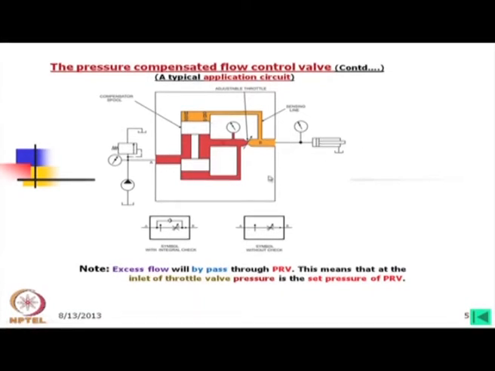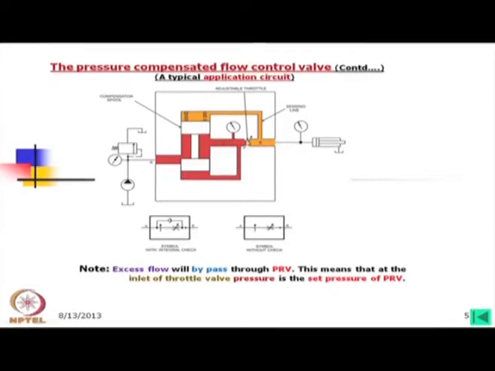Now, this is a typical application of this circuit. As you see, there is a pump and there is a pressure relief valve, and then this is the pressure compensated flow control valve. The main flow is going through this orifice, which can be adjusted, and depending on this adjustment, a certain amount of flow will go to this actuator, and the rest of the flow will go back to tank through this pressure relief valve.